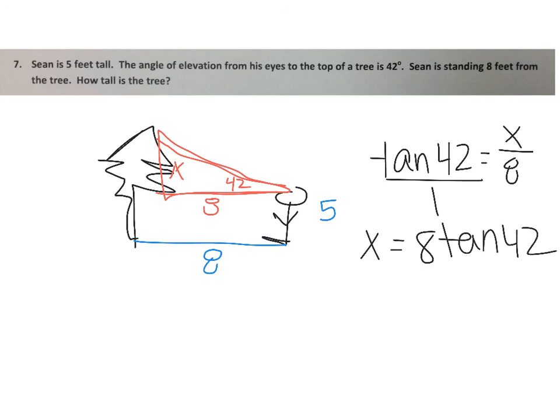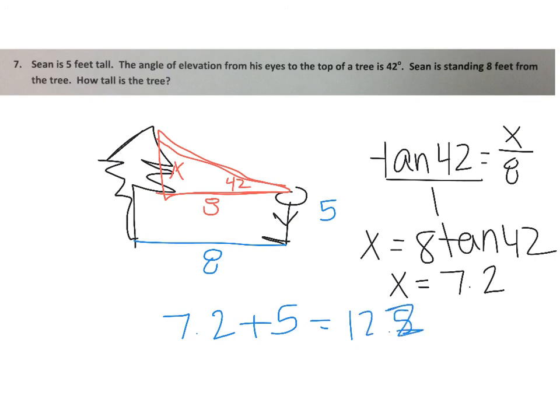When I use my calculator and type in 8 tangent of 42, X ends up being 7.2. But that is only the height of the triangle. So in order to find the entire height of that tree, we need to add the 7.2 plus Sean's height of 5. And when we do that, we get 12.2 feet.